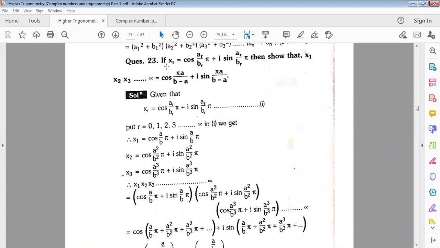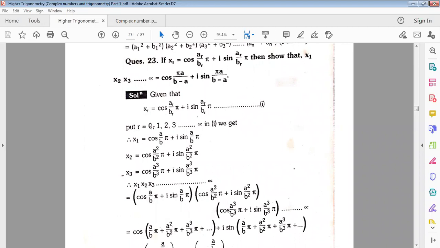Second, another example 23. If x r equals to cos a r by b r pi plus i sin a r by b r pi, then show that x1, x2, x3 dot dot infinity equals to cos pi a divided by b minus a plus i sin pi a divided by b minus a. Now given that x r equals to this one, this is the given condition.